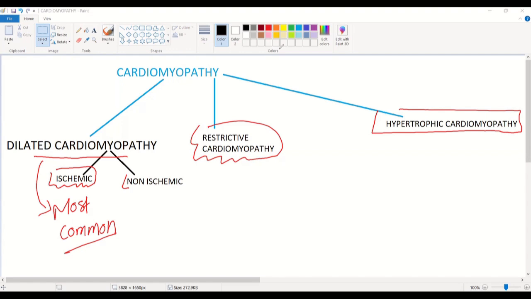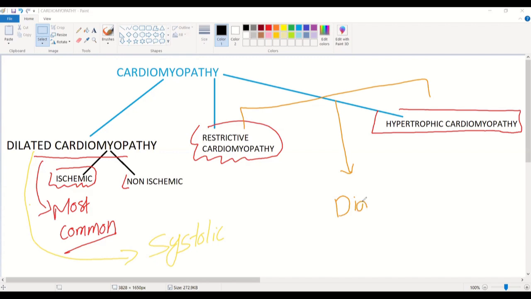Okay. So the dilated cardiomyopathy leads to systolic heart failure, right? While the restrictive and hypertrophic cardiomyopathy lead to diastolic heart failure.